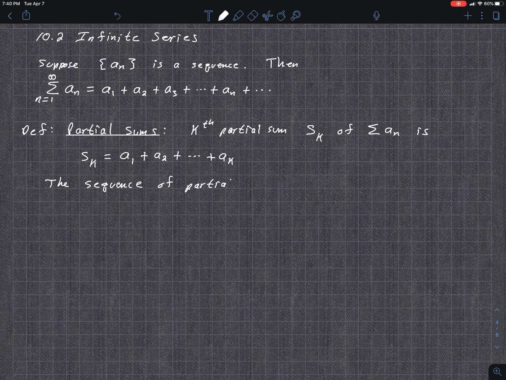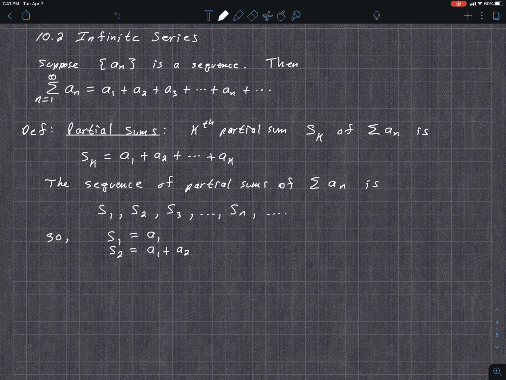So then we can look at the sequence of partial sums. The sequence of partial sums of the series A sub n is this. It would be S1, S2, S3, etc., S sub n, and then you keep on going. So you're seeing what that looks like. That in itself is a sequence.